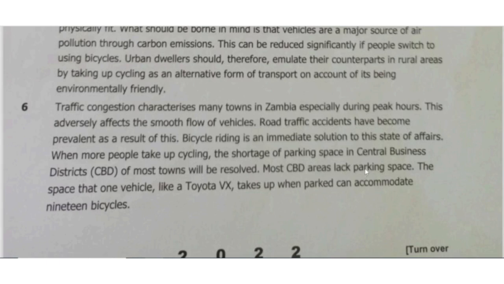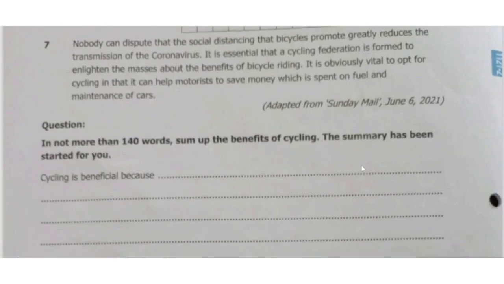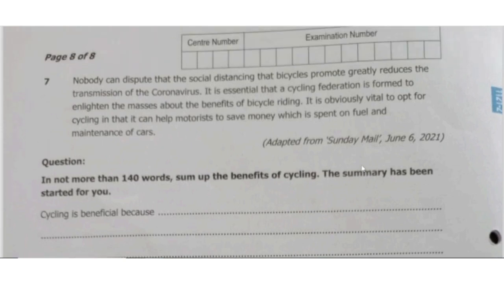The space that one vehicle like a Toyota VX takes up when parked can accommodate 19 bicycles. Nobody can dispute that the social distancing that bicycles promote greatly reduces the transmission of the coronavirus.